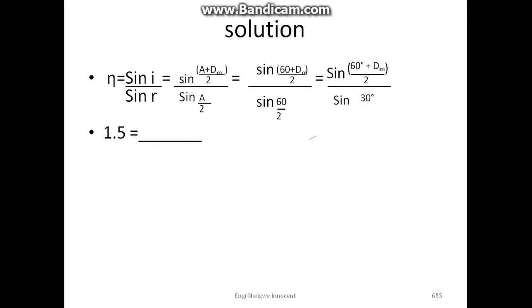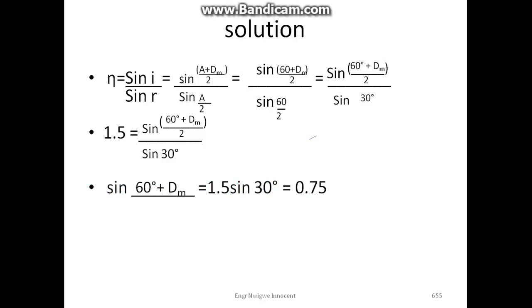1.5 is equal to sine in bracket (60 degrees plus Dm) over 2, all over sine 30. By cross multiplying, we have that sine (60 plus Dm) over 2 is equal to 1.5 sine 30, which will give us 0.75.